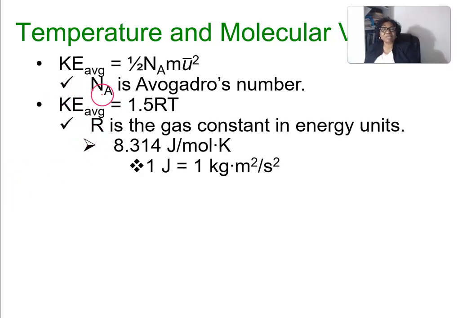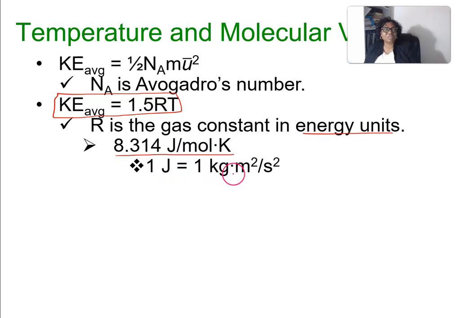So the average kinetic energy is 1.5 times the gas constant times temperature. But the gas constant this time is written in the unit of energy. So this is it: 8.314 joules per mole per Kelvin.